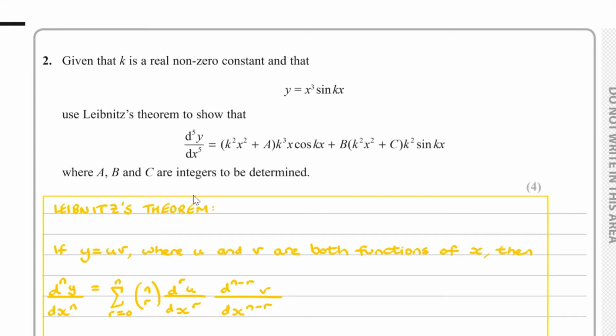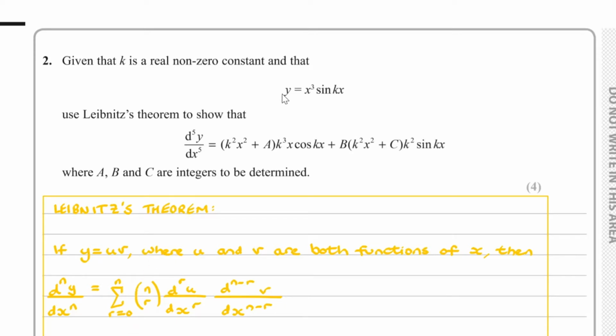So we have the theorem stated over here: dny over dxn is equal to the sum of n choose r of dru over dxr multiplied by dn minus rv over dx n minus r, from r equals 0 to r equals n.